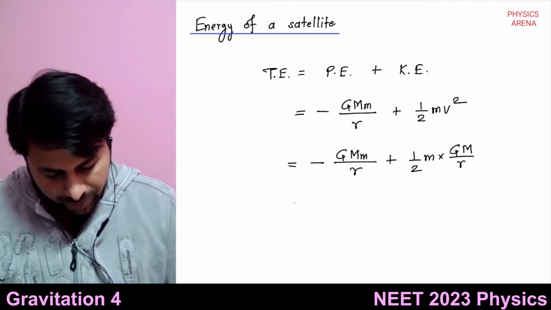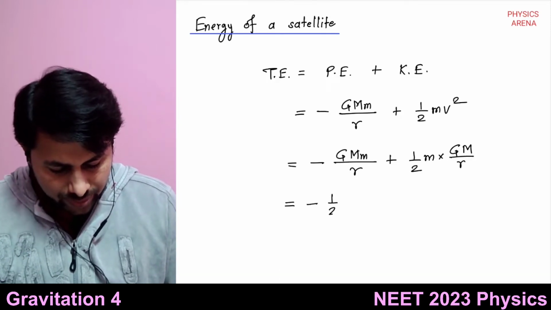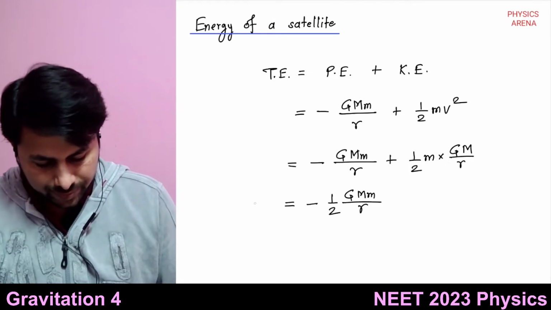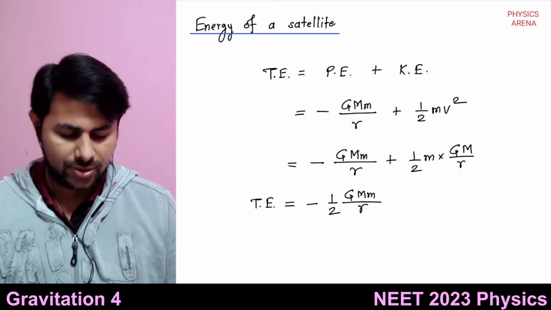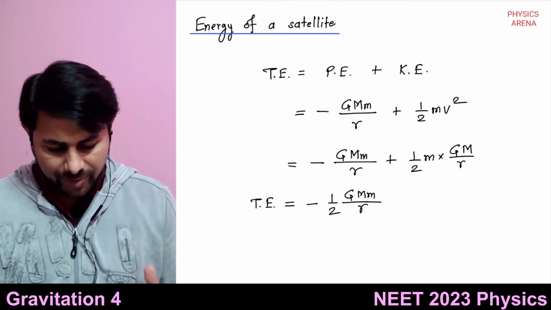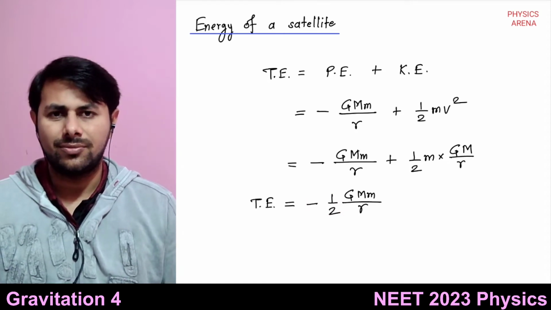So the result of the addition of these two will be equal to what? Minus half of GMm upon r. So this is the total energy of a satellite, and you can see it's negative. So what does it mean that total energy is negative?